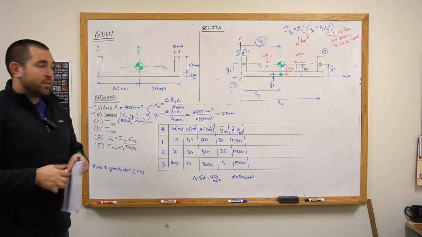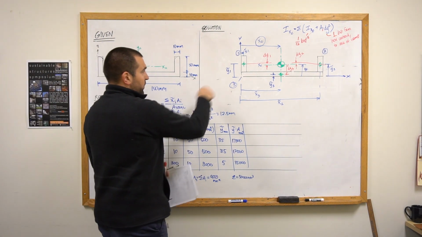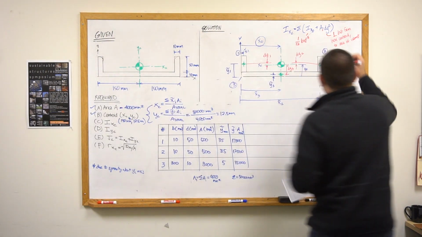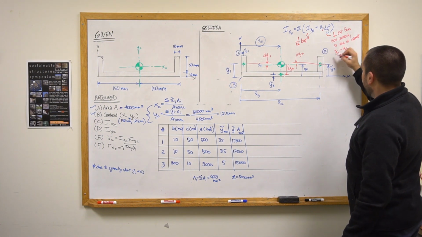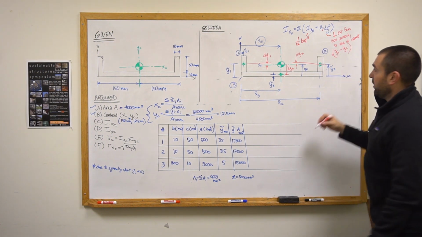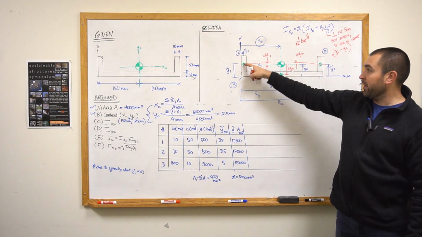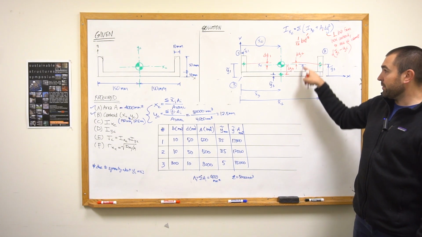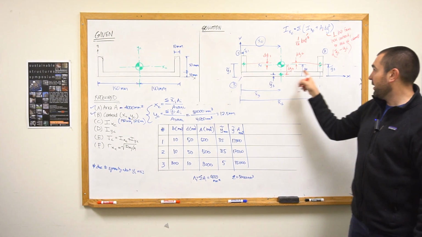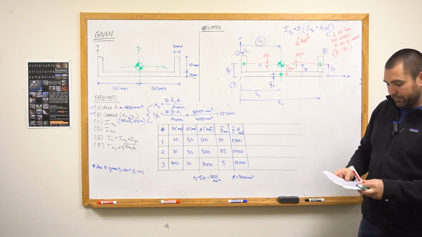So those are relatively easy to calculate because they are simply equal to y tilde i minus y sub c. The y component of the centroid here minus this distance y sub c. So it's like y tilde 1 minus y sub c. So we can calculate those pretty easily.